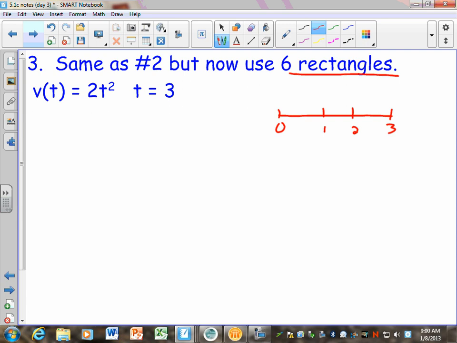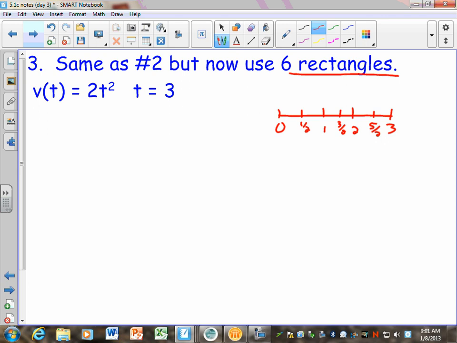Could we break this up into 6 equal rectangles? What would I do to make 6 equal rectangles? Half of each one of these, right? So 1/2, what would that be? 3 halves and 5 halves. 1, 2, 3, 4, 5, 6.